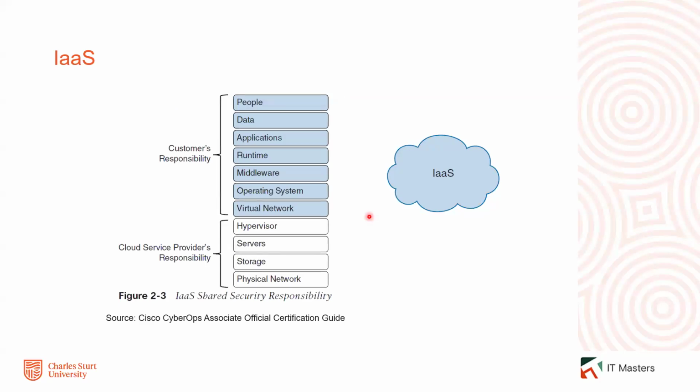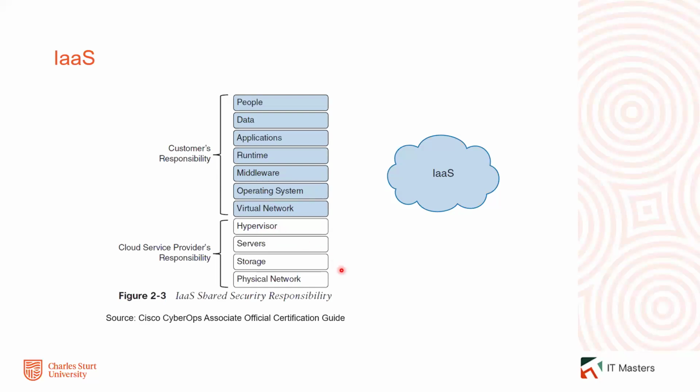In infrastructure as a service, you can see there is a large chunk of the service model that is now taken over by the customer. So we've now taken the runtime, the middleware, the operating system, and the virtual network as well, but not the hypervisor. Okay, and that's because typically that is a type 1 hypervisor, which will be managed by the service provider themselves.